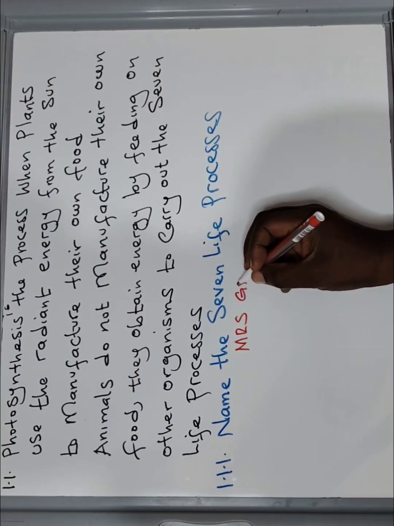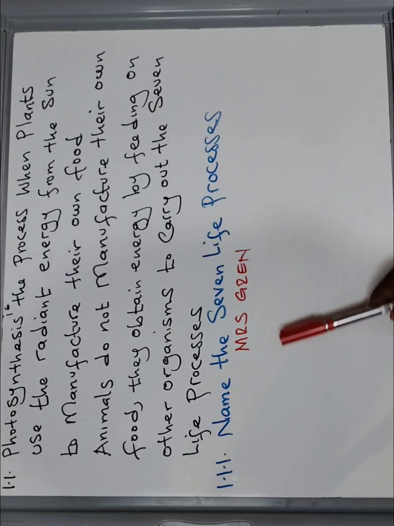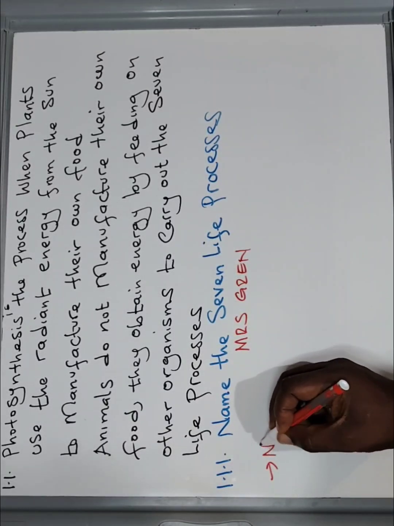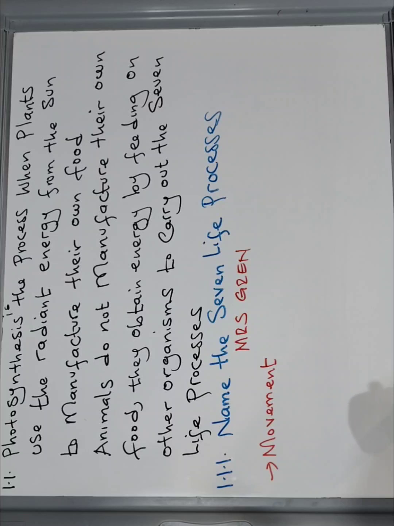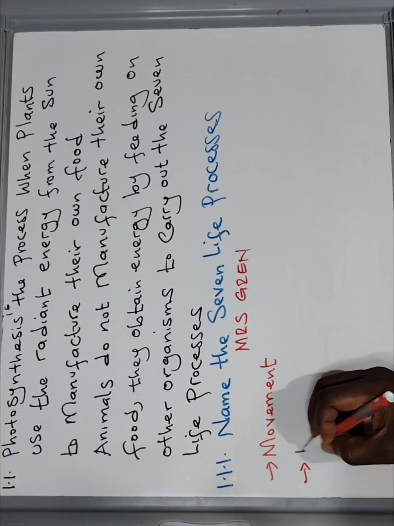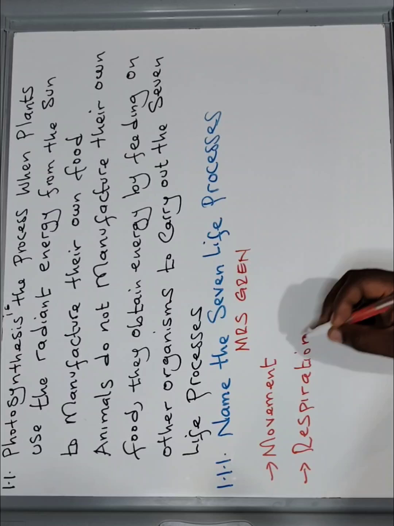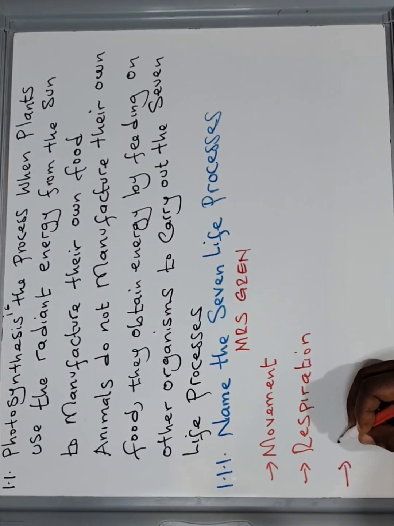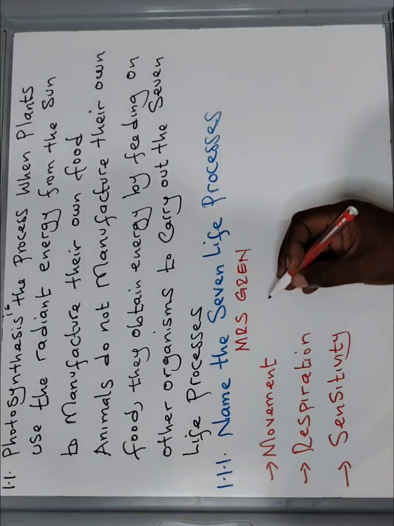So here, this is the mnemonic we use: Mrs. Gren. Each one of the letters represents a life process. M represents movement. Then R represents respiration. Then S represents sensitivity, the ability to respond to stimuli.